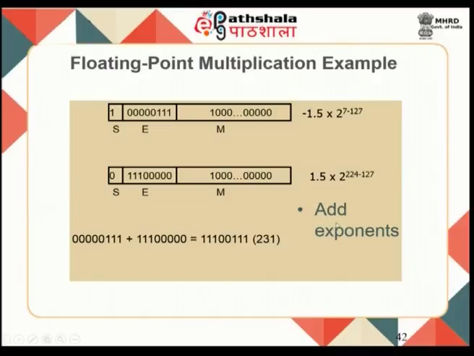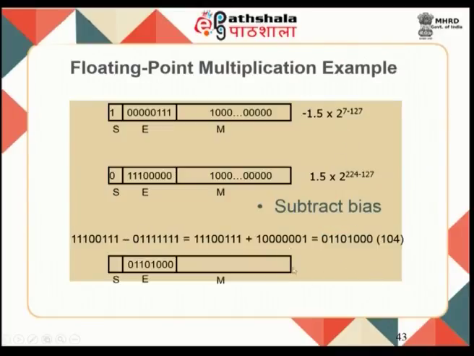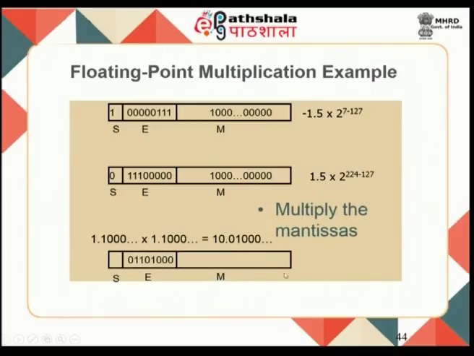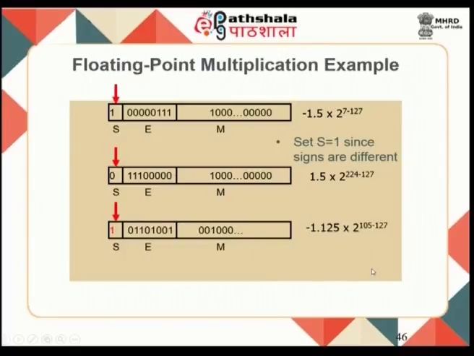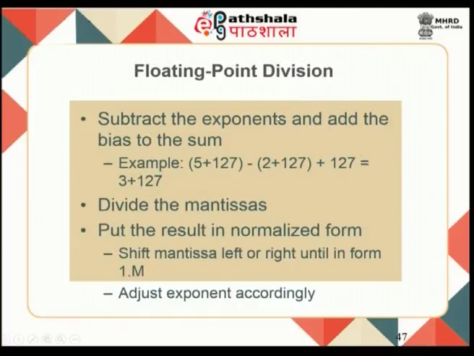You will have to add the exponents first of all and then subtract the bias value, and then multiply the mantissas, and renormalize by shifting the number by 1 bit position and adding 1 to the exponent value, that is the renormalization done. And then because the sign bits are different, one has a 1 and the other one has a 0, the sign of the result is going to be negative. So, set the sign bit and produce the result.